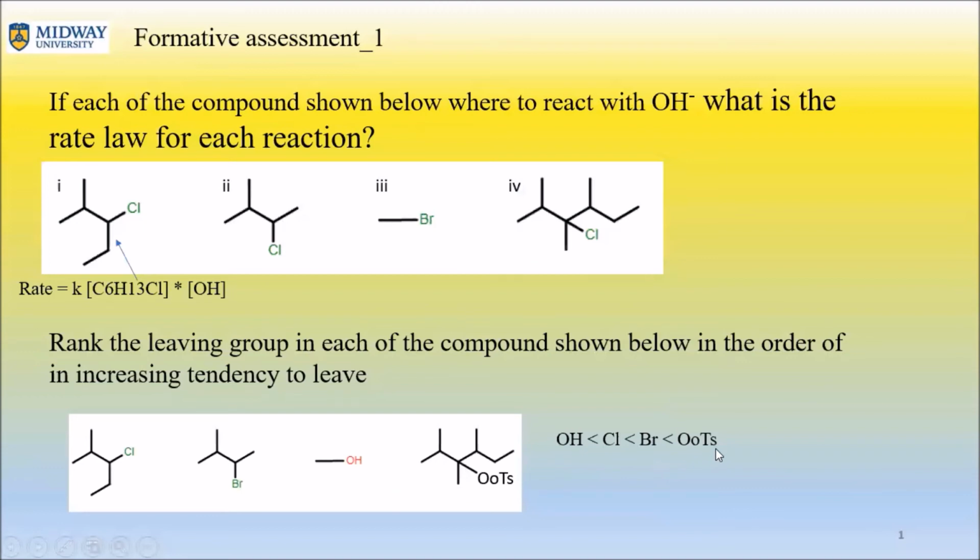The bigger the size of the group itself, the higher the tendency for it to leave. Now, OH, the molar mass is about 17, chlorine is about 35, bromine is about 79, and tosylate is definitely a huge, huge molecule. So putting it all together, it just makes sense. The bigger the leaving group, the higher its efficiency to leave, right?